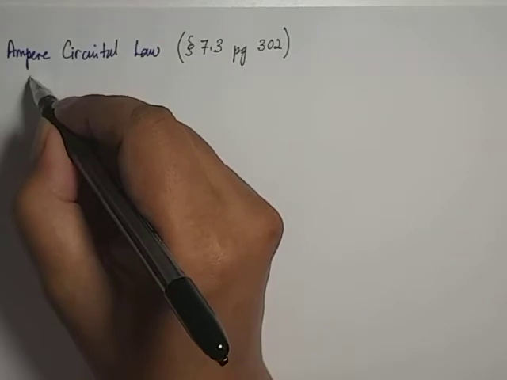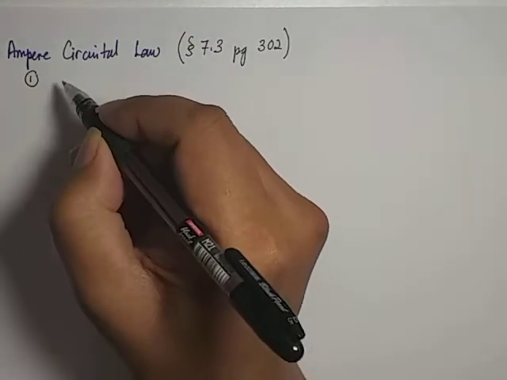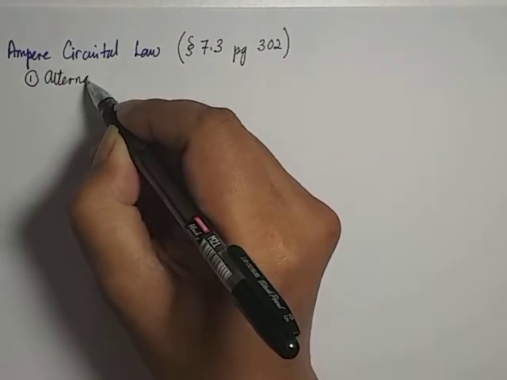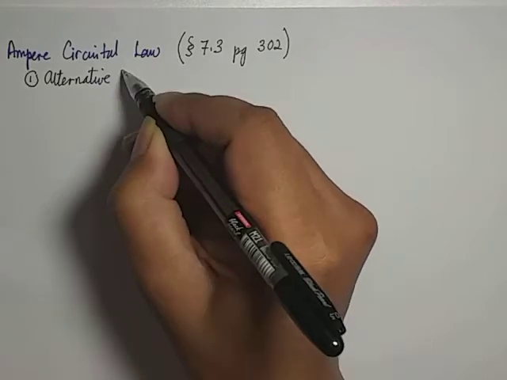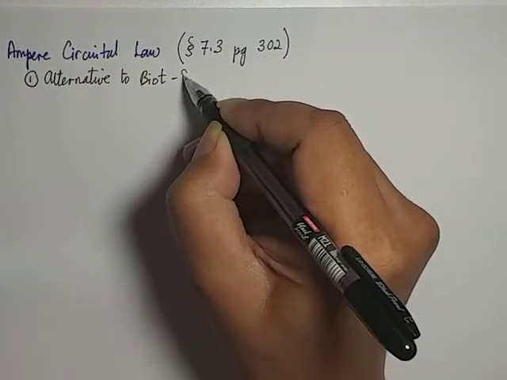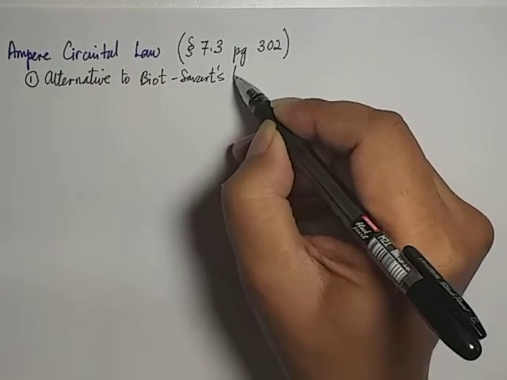But for me, what is ACL? Very simple. First thing, ACL is an alternative to Biot-Savart law. That should always be the first thing in my mind when I talk about Ampere's Circuital Law.